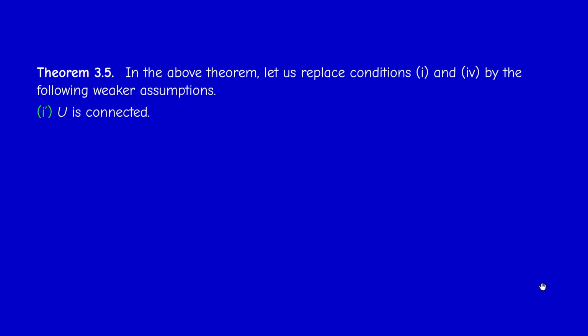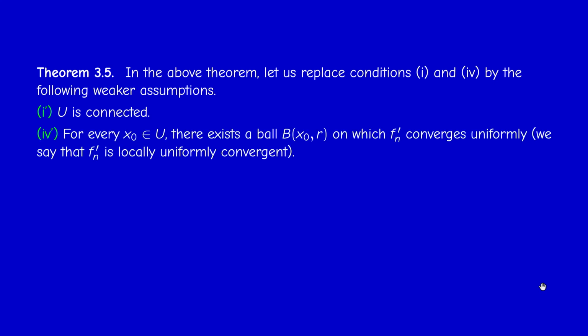And the next result is a little modification of the first result. So we keep the same conditions, but we replace condition 1. We replace the convexity of the domain by connectedness, and we replace uniform convergence on the whole domain by a weaker condition called local uniform convergence.